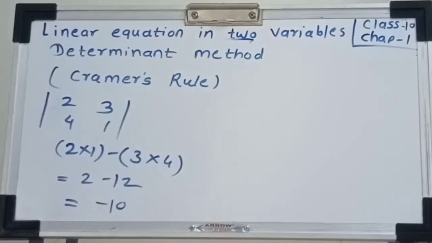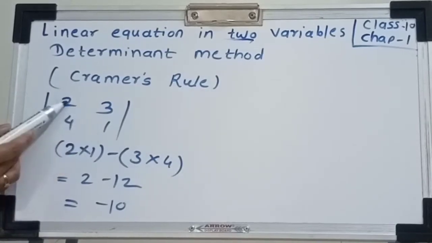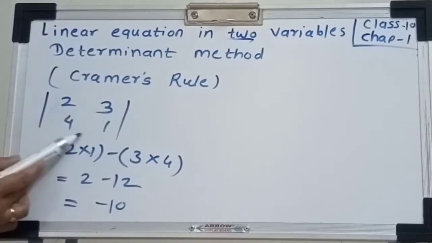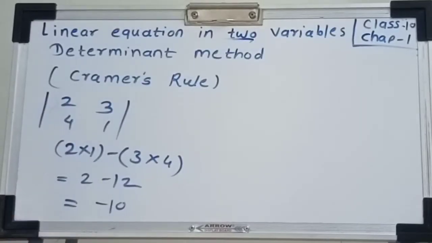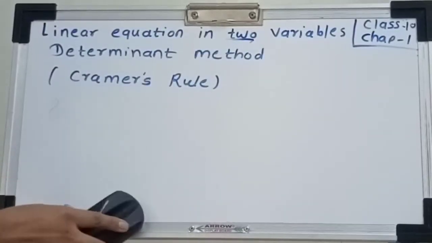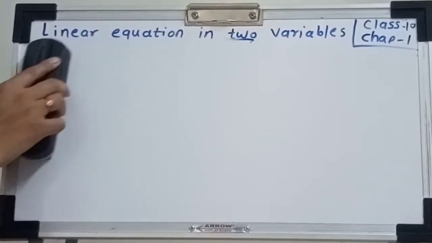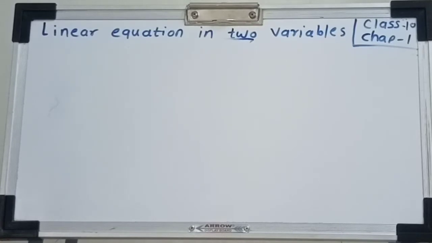Very easy. This is the method for solving the determinant, only cross multiplication. We denote it by capital letter D. Determinant method is also called Cramer's rule.